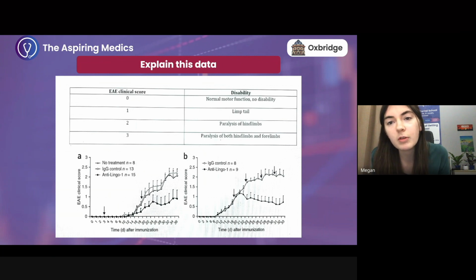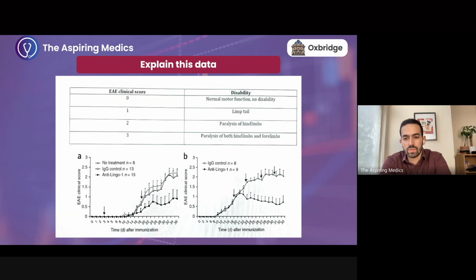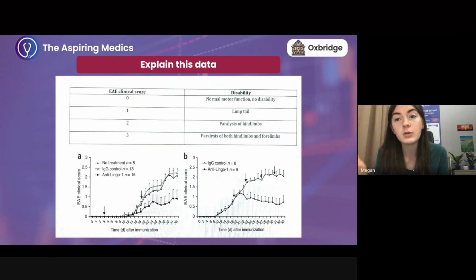But then we're assuming that the booster does have an effect on keeping the EAE clinical score low. So it kind of makes sense, because they give the booster earlier in A, which prevents that rise, but they don't give it as early in B, so it starts to rise, and then when they give it, you see a slight dip in the anti-lingo treatment. So obviously the EAE score is going down after you give the booster.